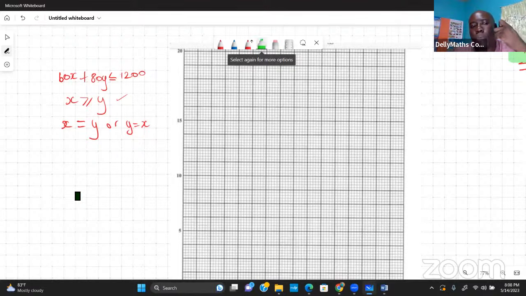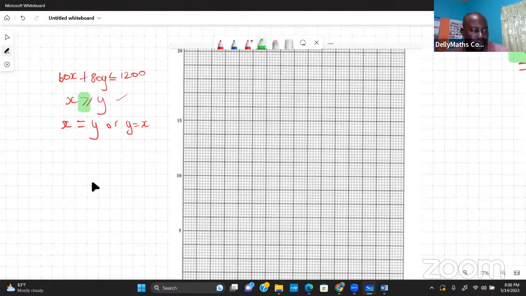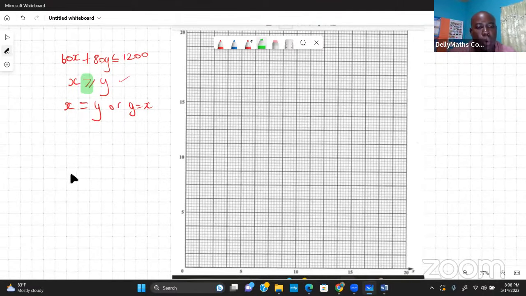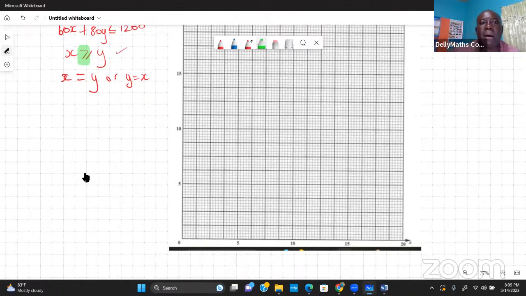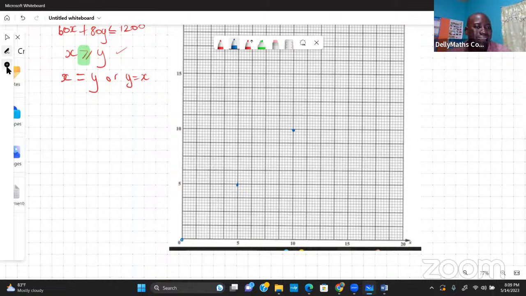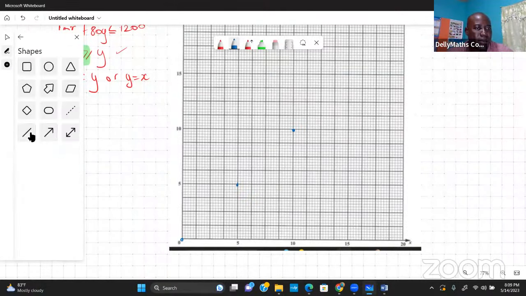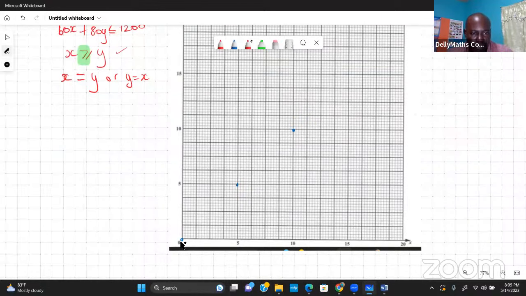To get the line, you put equal where the inequality is and then represent that line. So y equal to x connects corresponding values of x and y, like 0, 0, and 5, 5, 10, 10. I'm just picking, and it goes on. So I'm going to draw that line that says y is equal to x. Here it is.